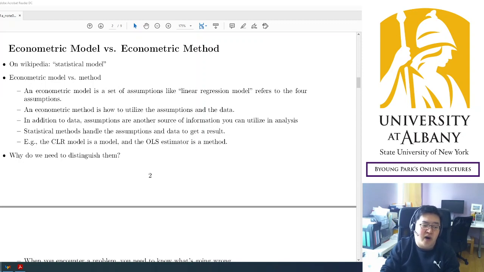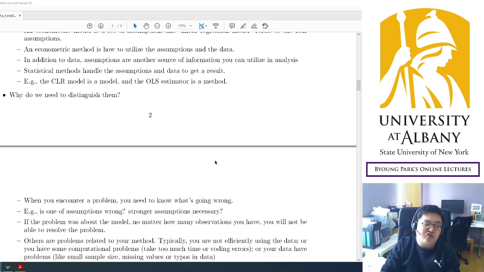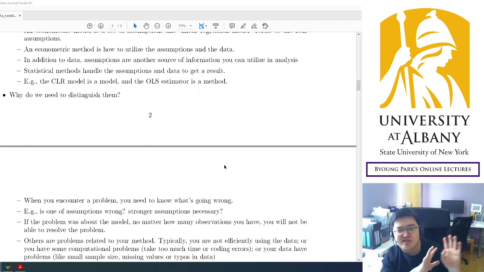Why is it important? Because later you are a PhD. I don't teach this concept to undergraduate students. I think they are not able to understand this, and they don't need to, because the major difference is a PhD.